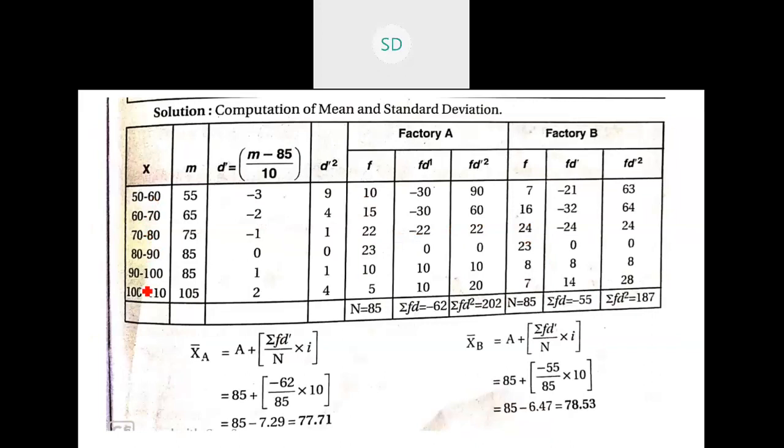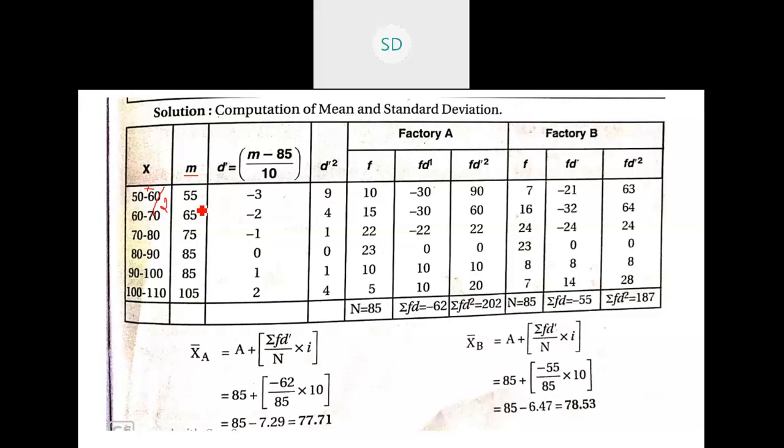Now, whenever we have a continuous series, we are supposed to find out the midpoint or the mid value. Now, how do we find the mid value? Add the lower limit and upper limit and then divide by 2. Which is nothing but 50 plus 60 divided by 2.